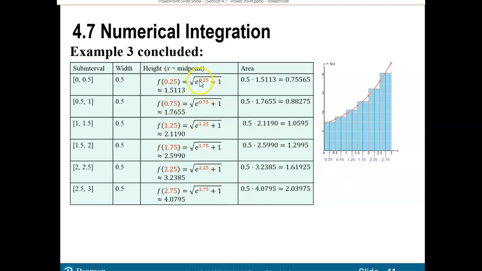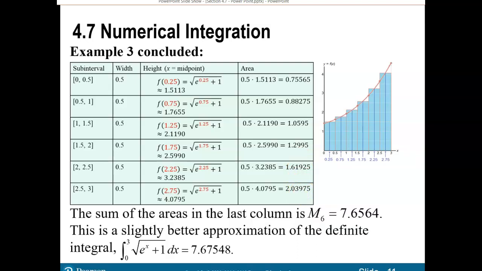Plug the midpoints this time into your function. Use your calculator to evaluate. Multiply the width times the height to get the area for each of those different subintervals. Okay, then add them all together. So the sum of the areas in the last column we would call M sub 6, totals to be 7.6564.